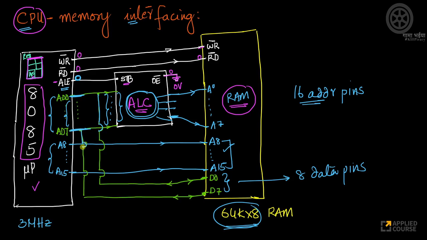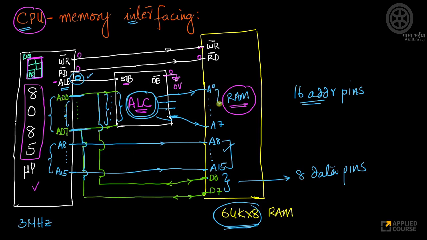We draw it like this in electronics to show that these wires are not touching each other. The AD0 wire gets connected to D0, and your AD7 wire gets connected to D7. When ALE is 0, what gets passed here? Data, not the address.